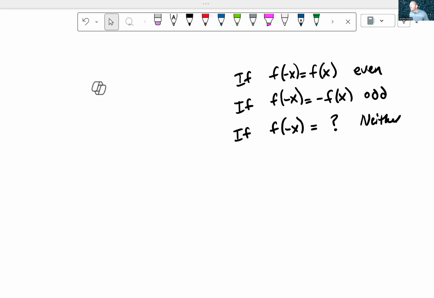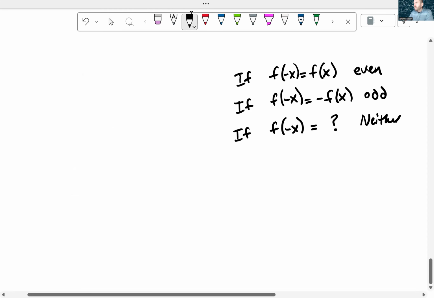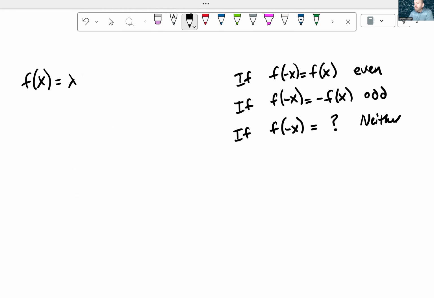Okay, the next part is to determine if this function is even, odd, or neither. f of x equals x to the fourth minus 2x squared. Is it even, odd, or neither?